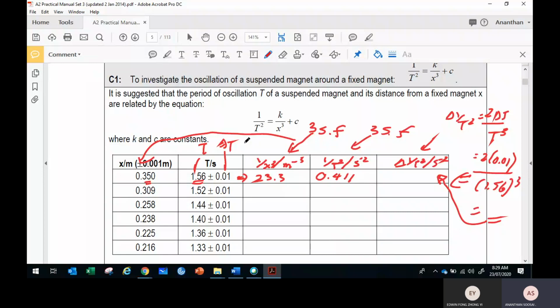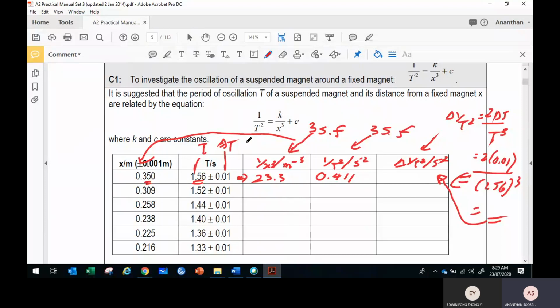Okay, so anyone got the answer? So 2 times 0.01 over 1.56 cube. What's the answer? 5.27, 10 power of negative 3.